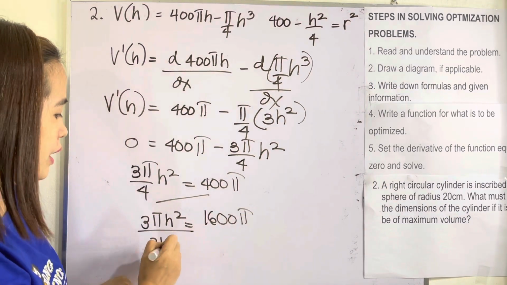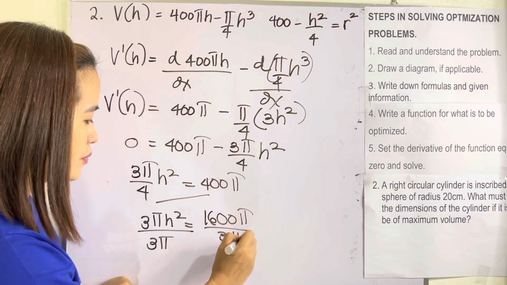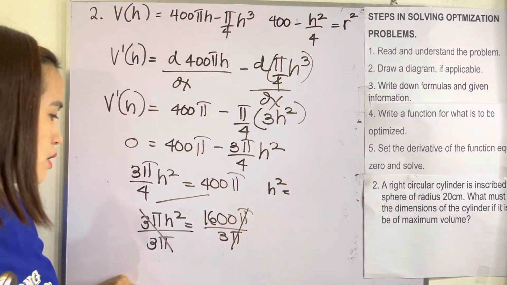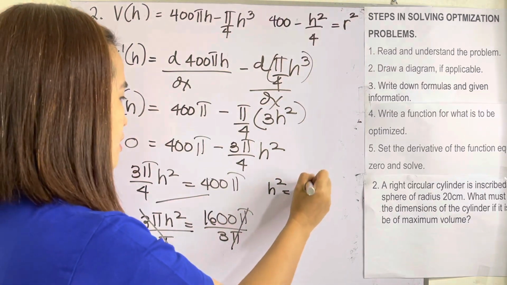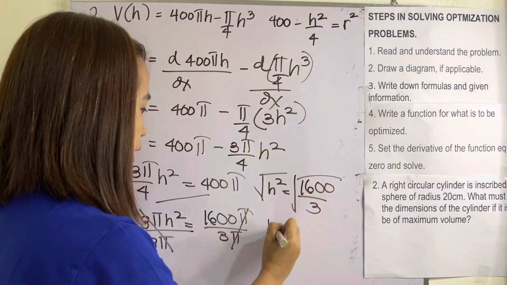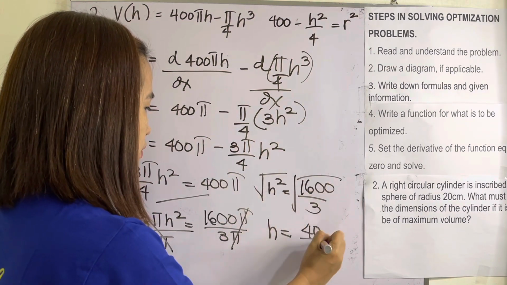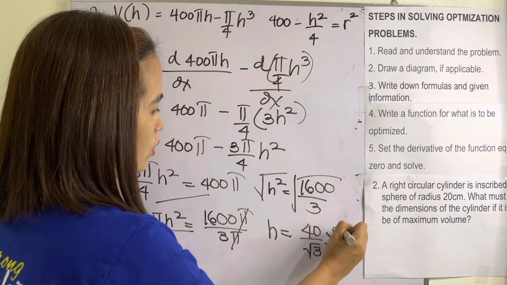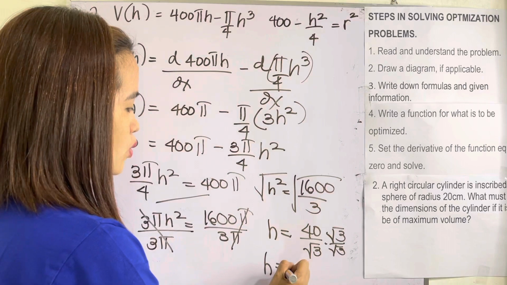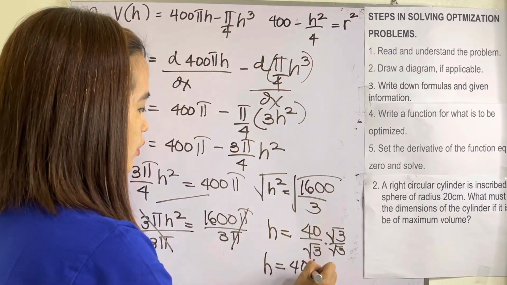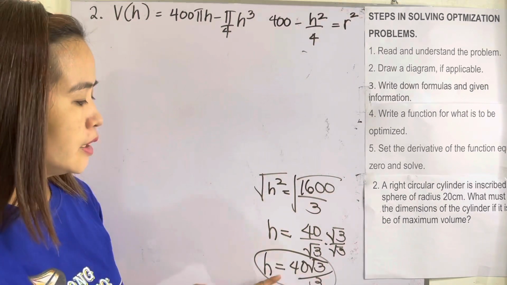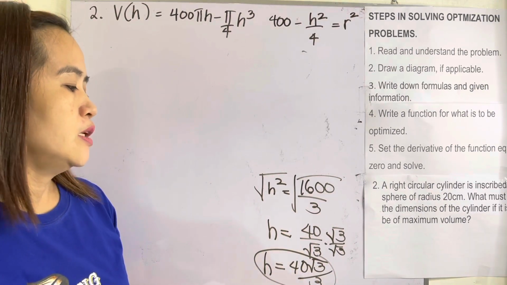Dividing both by 3 pi, our h squared is, of course, equal to 1,600 over 3. Getting square root, our h is equal to 40 over square root of 3, or, rationalizing it, h is equal to 40 square root of 3 over 3. So that is our height. Our height here is 40 square root of 3 over 3.